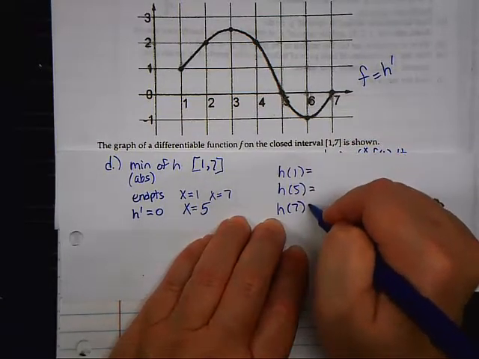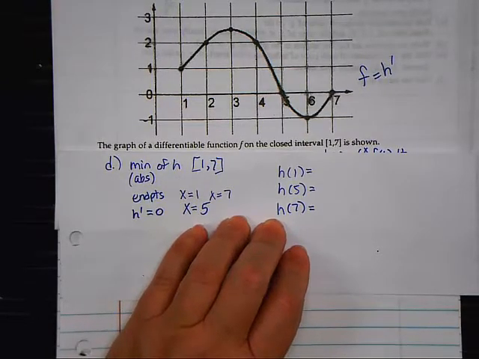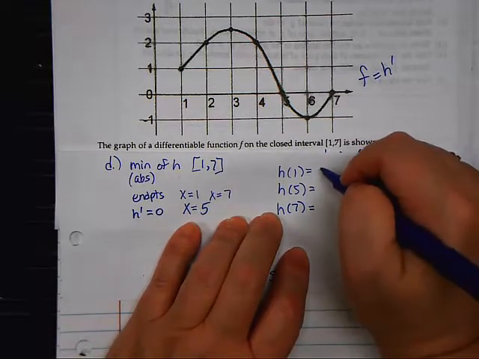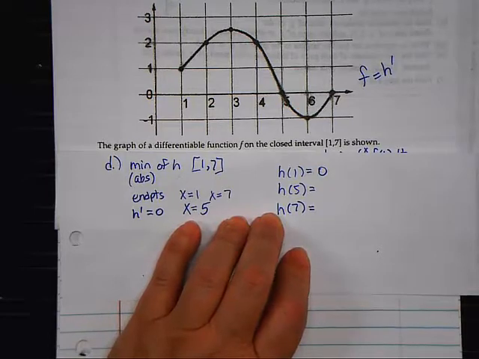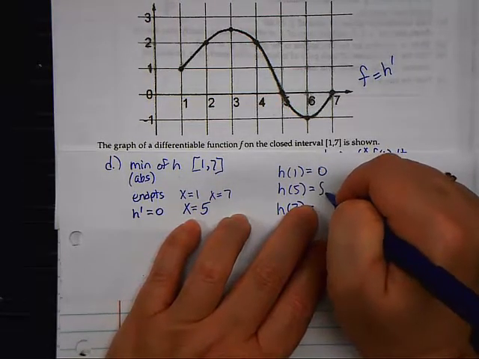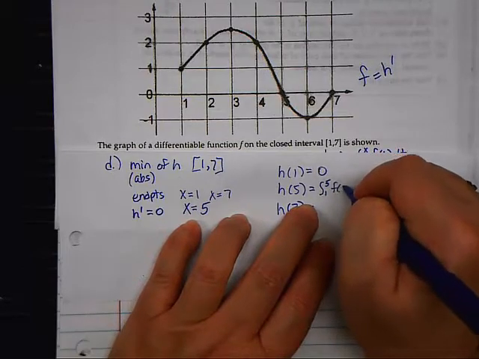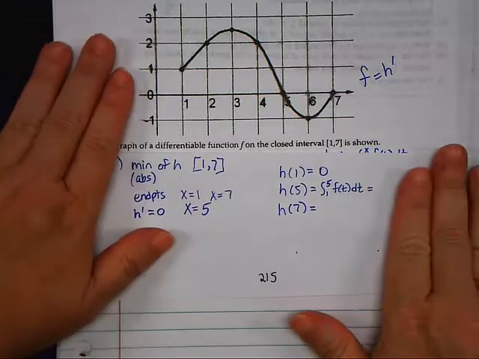Now, in the work that you've already done, have I done any of those? H of 1. What is h of 1? 0. Okay, since I already did the work, I don't need to show any work. H of 5, remember, is the area from 1 to 5 under f, the integral from 1 to 5 of f of t dt. Okay, so I'm going to put my pen down.